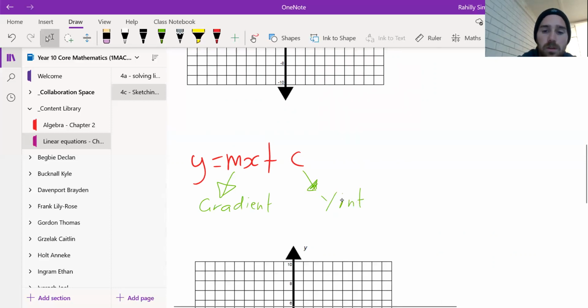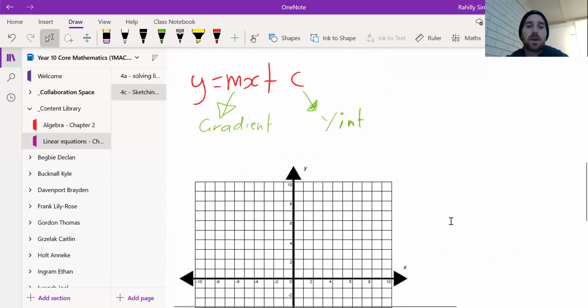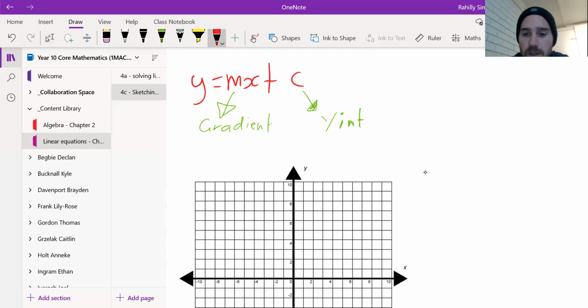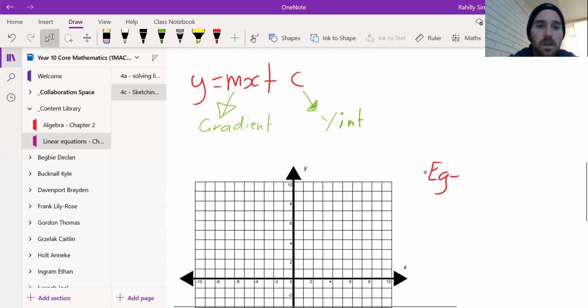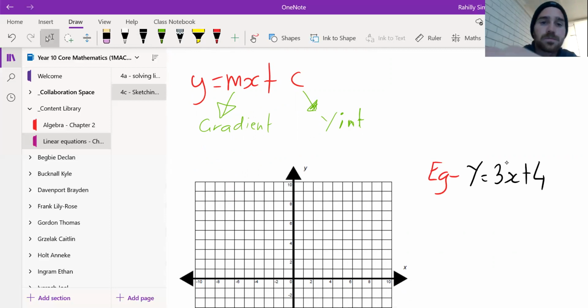Okay, so you're going to put a point on your y-intercept first, and use that to plot your second point based on our gradient. So if we had, for example, y equals 3x plus 4.